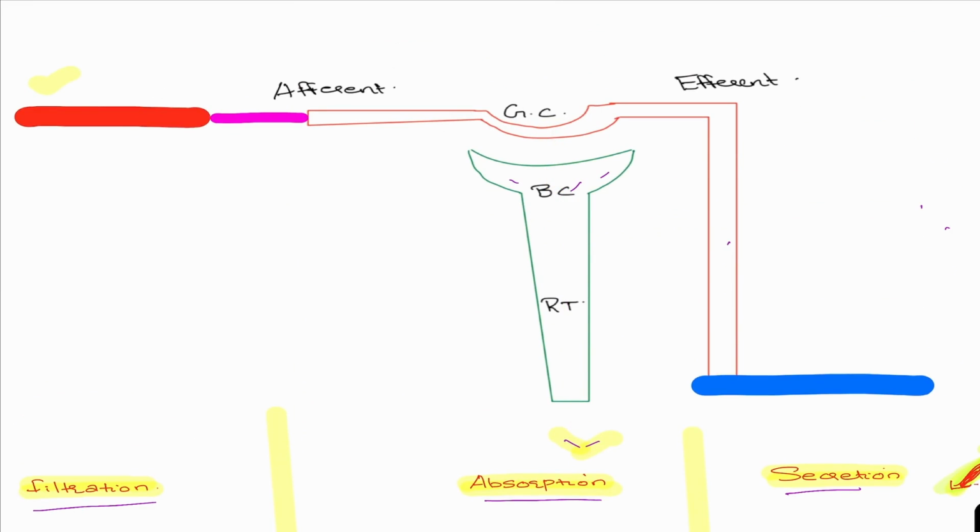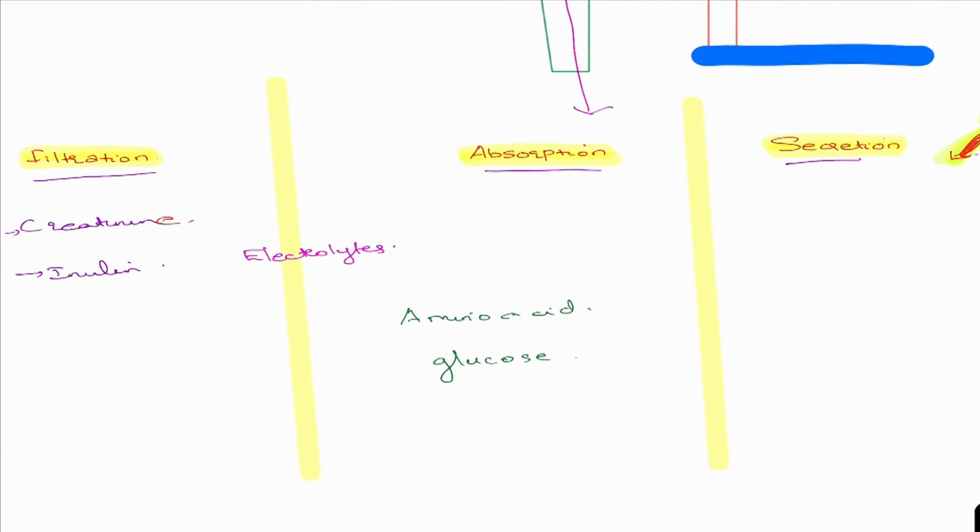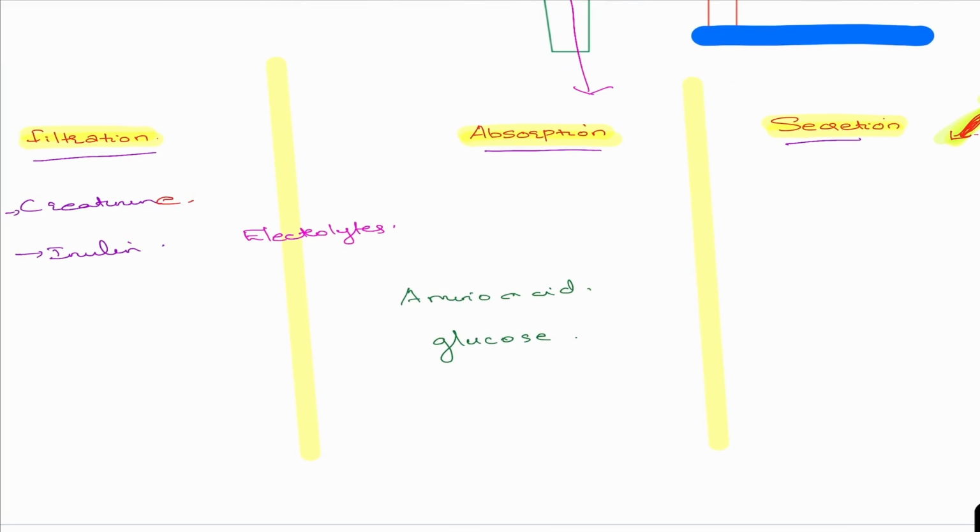So these amino acids and glucose get filtered and, without being excreted, are completely reabsorbed. Whereas in the case of electrolytes, some was reabsorbed and some was excreted as well. In the case of amino acids and glucose, it is absolutely completely reabsorbed.